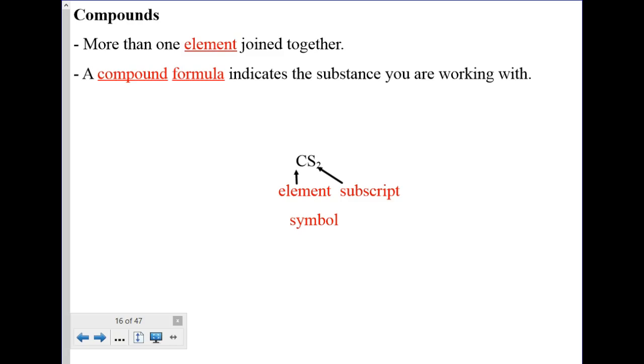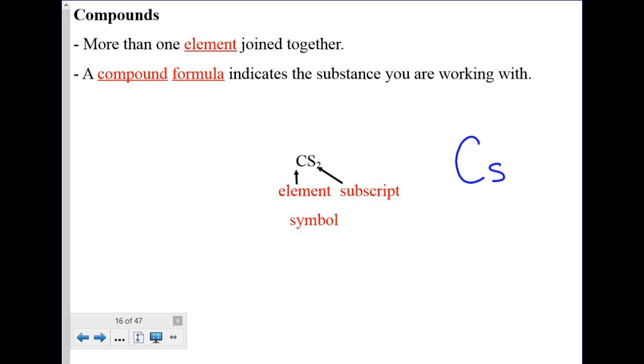It is possible to have capital C lowercase s. This is cesium. Letter size makes a difference.